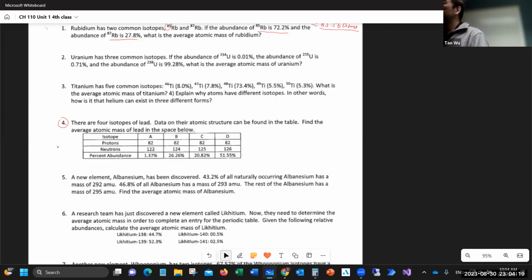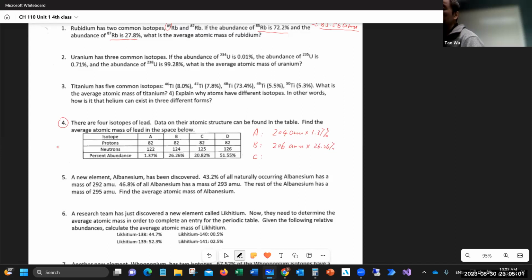Add them together, right? Add them together and you get the mass number. So the mass number is close to the mass of each atom. That makes sense, right? So you add them together. For A, that's 82 plus 122, which is 204, so 204 AMU. Then you times 1.37%. For B, that's 82 plus 124, so we have 206 AMU, and you times 26.26%.